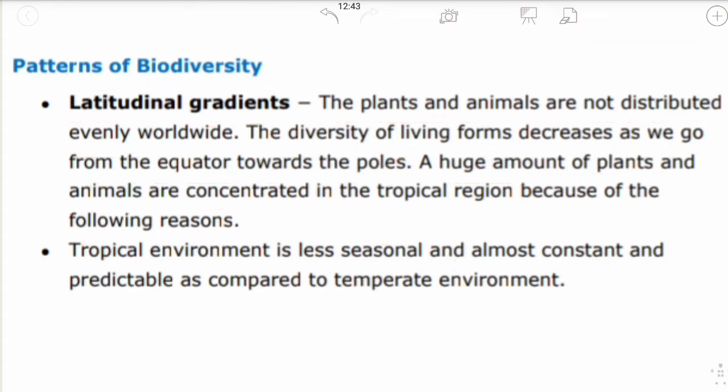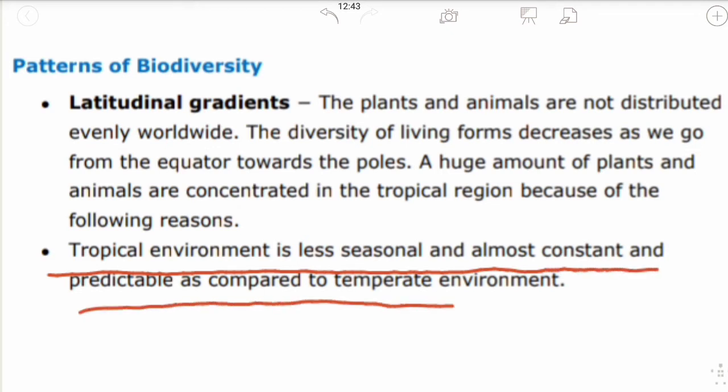Let us find out the reason why the tropical rainforest has greater biodiversity. The tropical environment is less seasonal, almost constant and predictable, as compared to the temperate environment. They do not have many seasons. They are more constant and predictable, because we can predict what can happen: next is the rainy season, so of course rain.